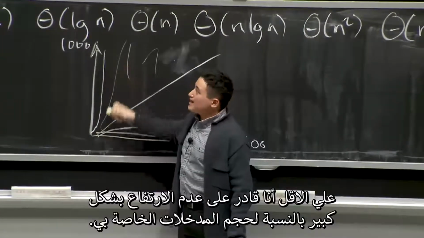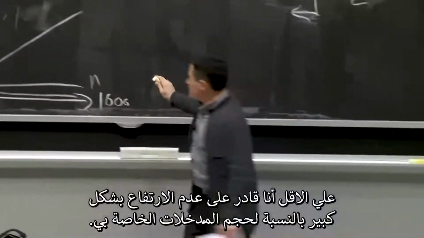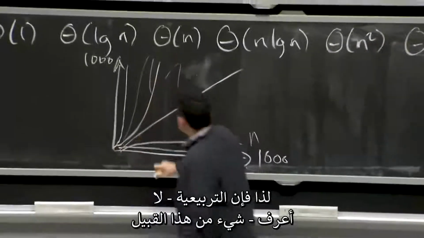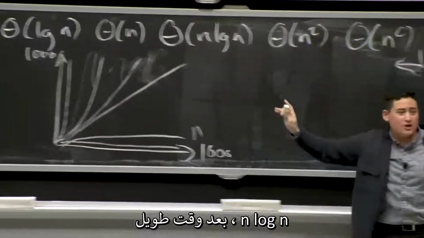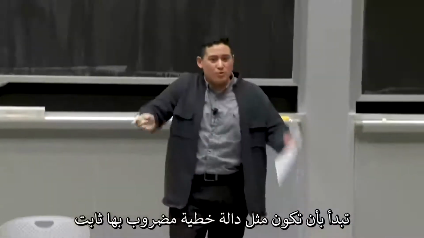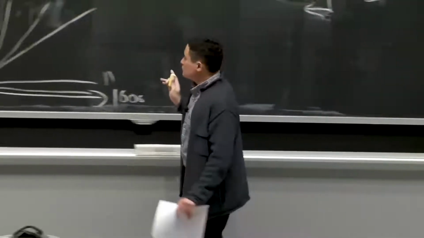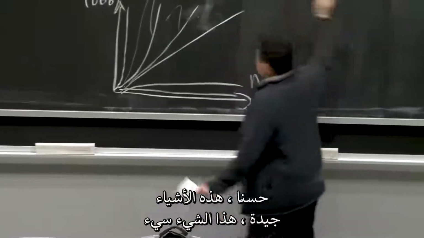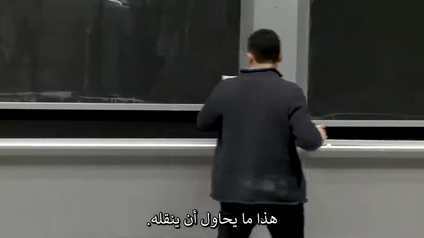I'm able to not go up too high relative to my input size. So quadratic is something like this, and n log n is something like this. n log n, after a long time, really starts just looking linear with a constant multiplied in front of it. Okay, so these things good, that thing bad. That's what that's trying to convey.